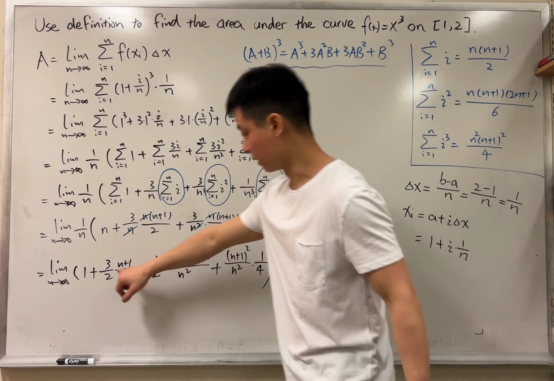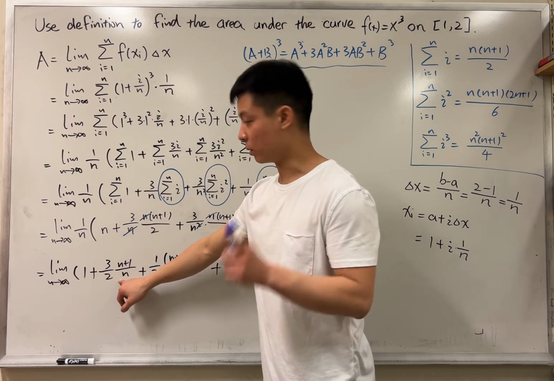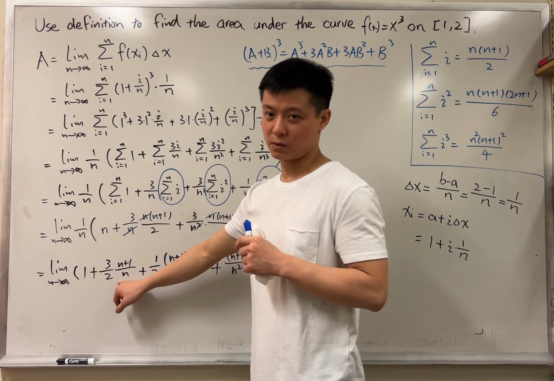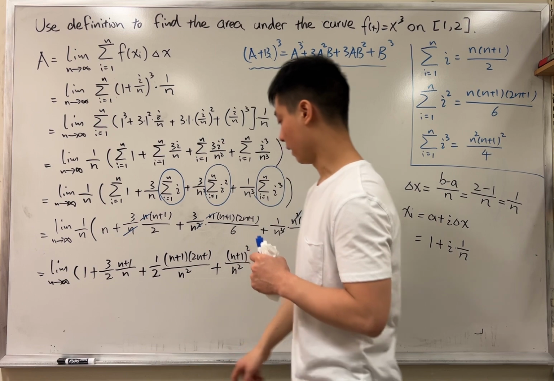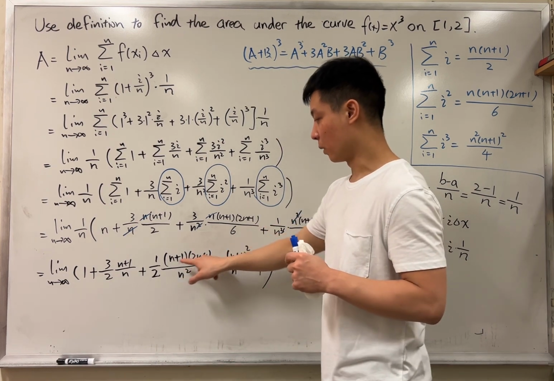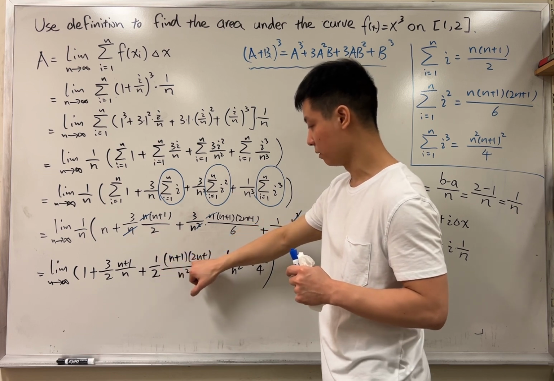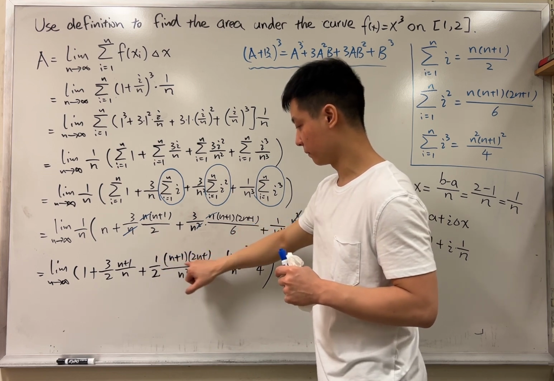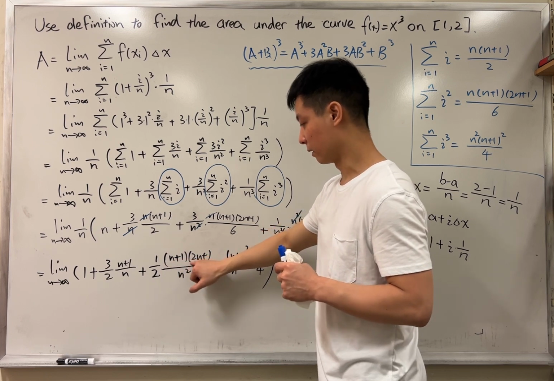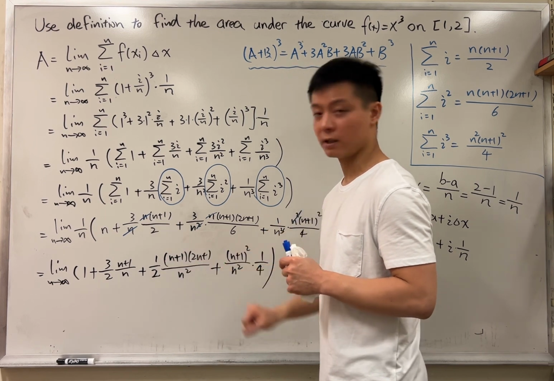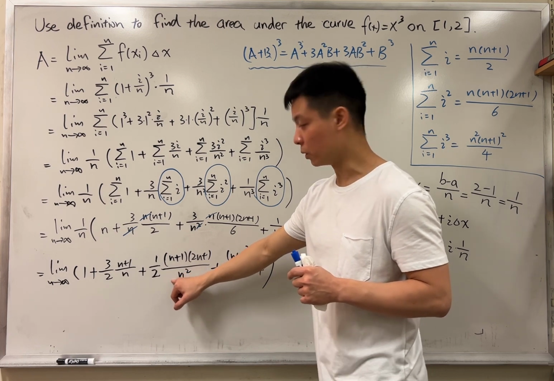For example, with n plus 1 divided by n, the limit of this equals 1 as n goes to infinity, so we'll simply replace this by 1. For this one, we take a look at the ratio of the leading coefficients. The leading coefficient here is 1 times 2, and it makes up the power 2, which is the same as the bottom. So the limit of this as n approaches infinity is going to be 1 times 2 divided by 1, which is 2.